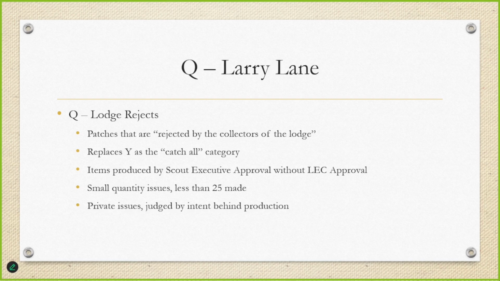But by putting it in as a Q, which is a Lodge reject, which doesn't sound as nice as a prototype, what it has allowed us to do for 296 collecting is it has made people feel good about being able to collect the Lodge and not having to have those items. They don't feel like they have to have these Qs.